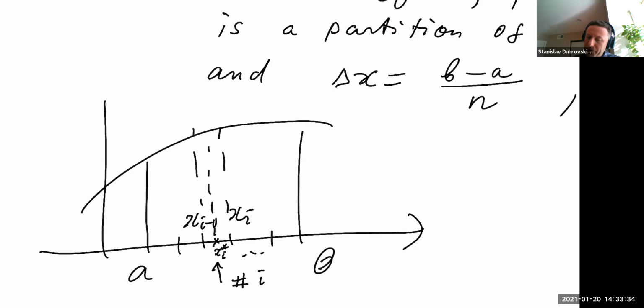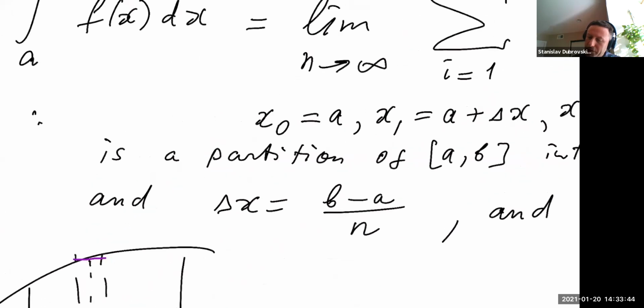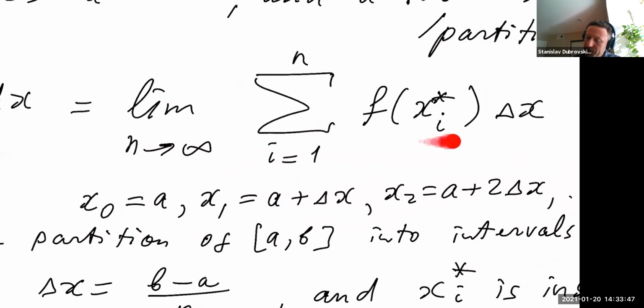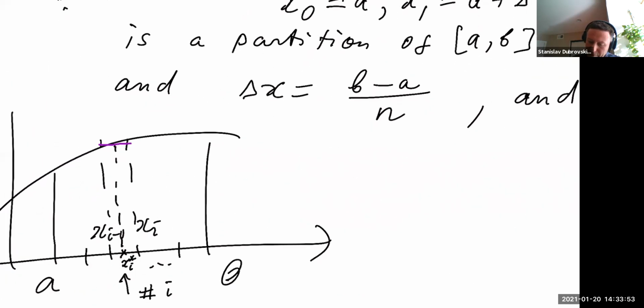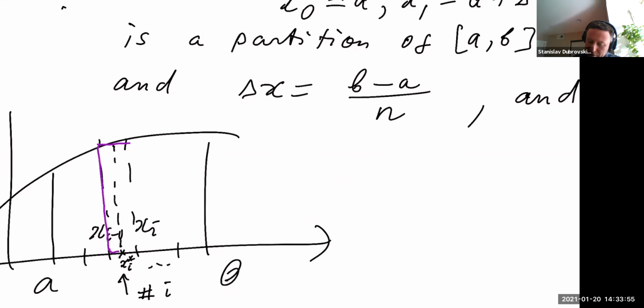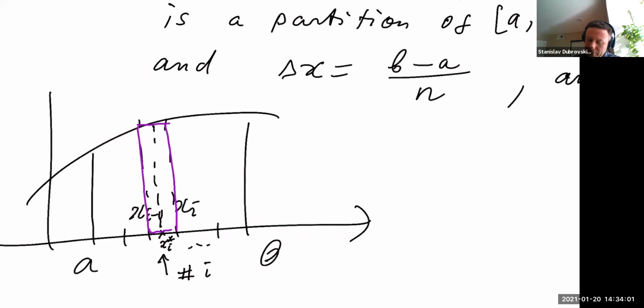Then we will evaluate the value of f at this point, and we will make this product f of xi superstar times delta x. In other words, this product will create the area of the rectangle. Oops. We'll create the value of this rectangle, and we will sum up these values.